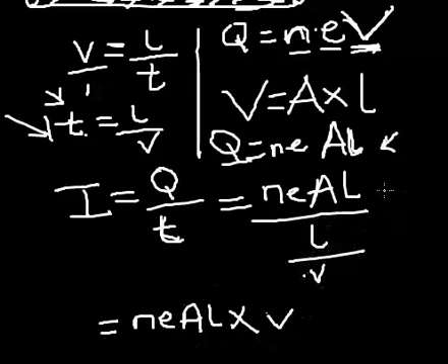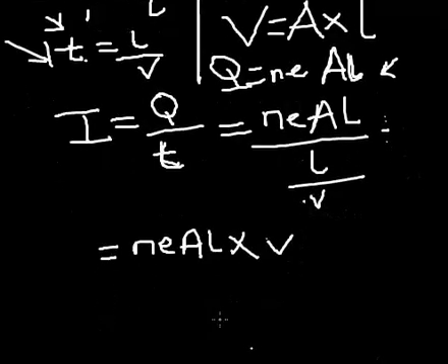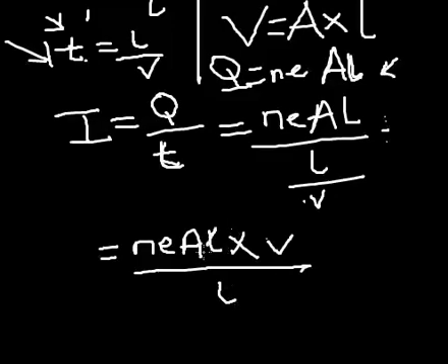I hope you know how to do that. Dividing by L all over V, when I change the division to multiplication, the v, the velocity, comes up and the L remains on the denominator. So that's what happened here, and then divided by L. L cancels L.